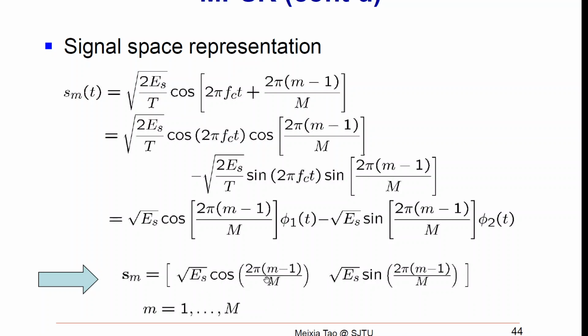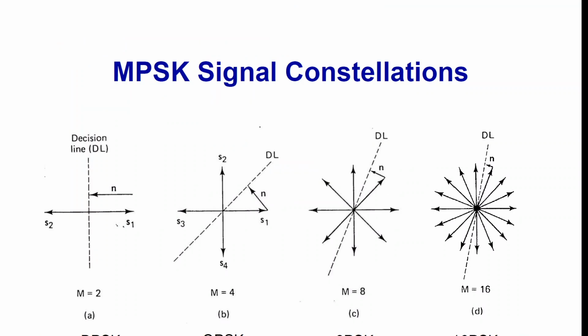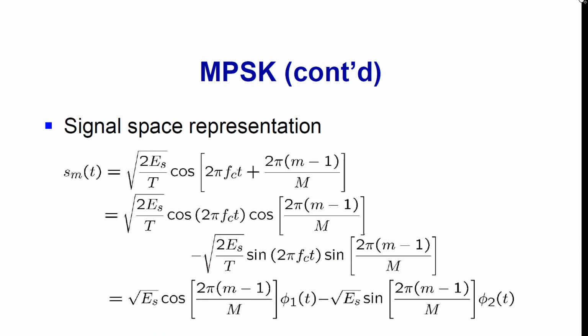Now we have to specify the value of this capital M to get the different PSK modulation schemes. So when M equals 2, we will get S1 here and S2 here. So that is actually our BPSK.